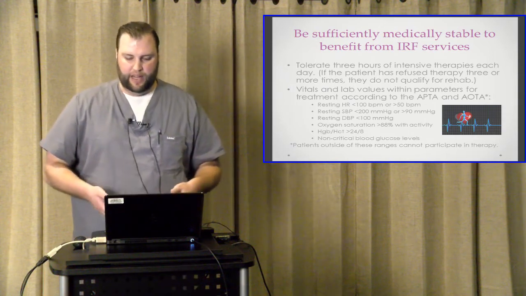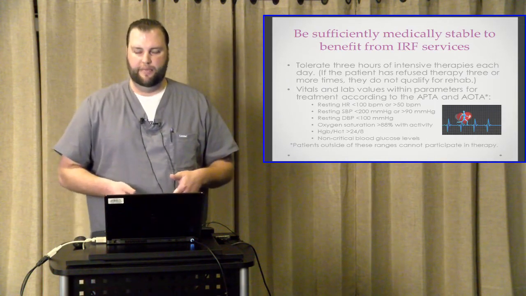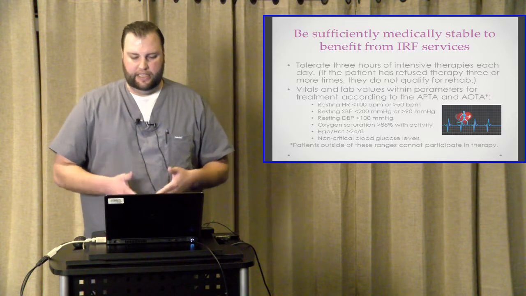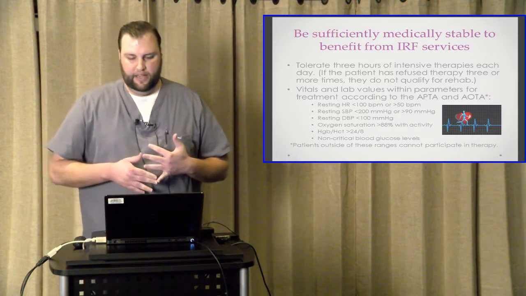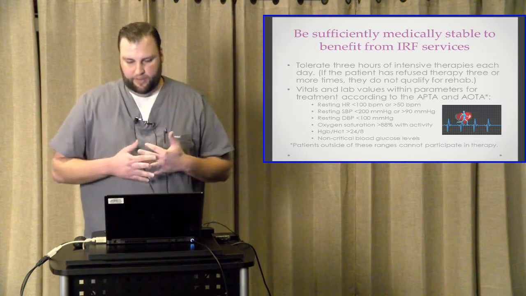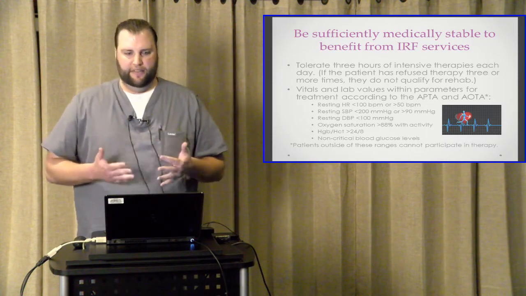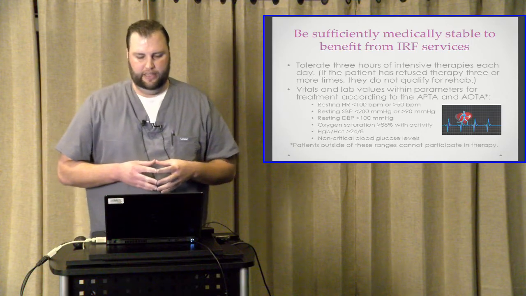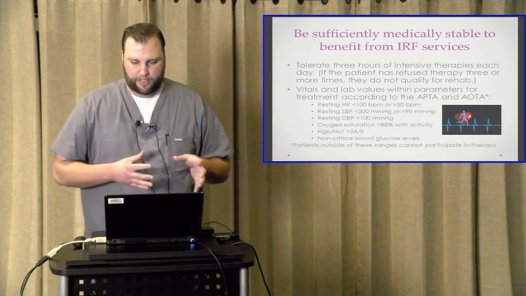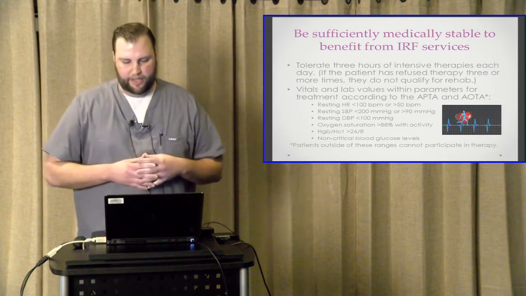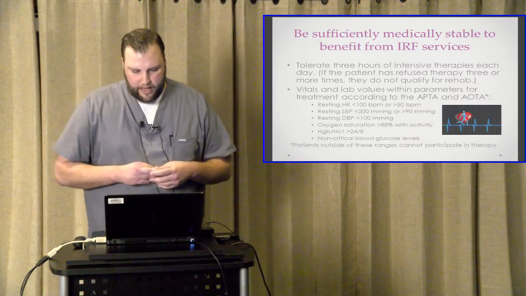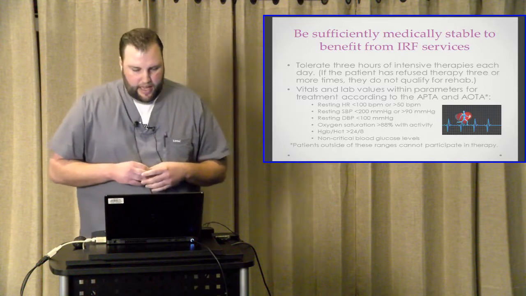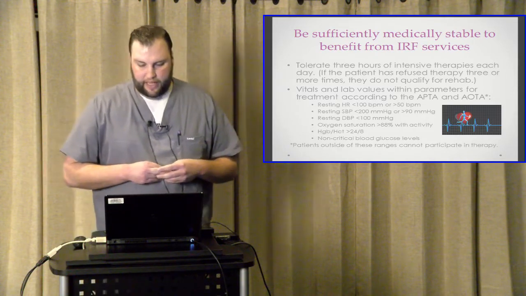So those people are not the best rehab admissions. We like to see consistent therapy, where they not only want to go, they actively participate, and they're able to tolerate all 3 hours. That's kind of a judgment call. There's no test, lab, or imaging that can swing you one way or the other on their ability to tolerate it.